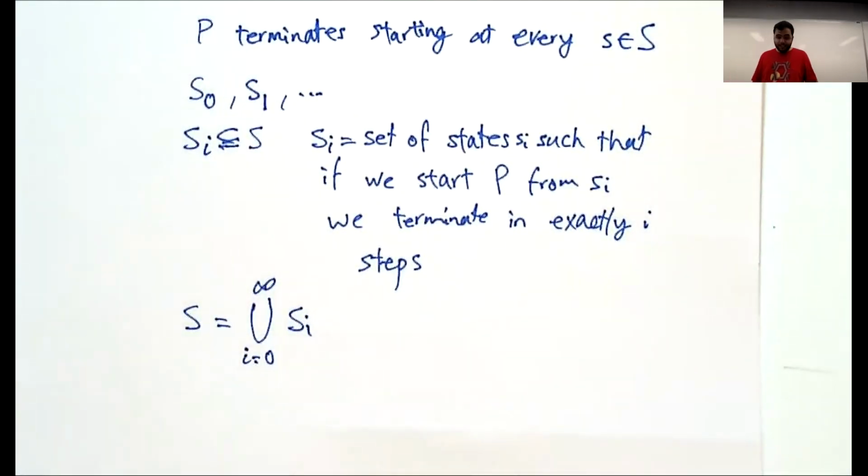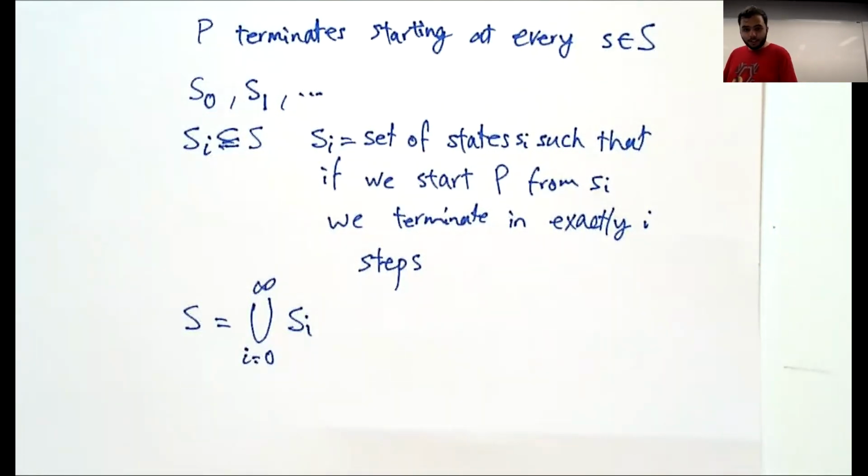Because at every state in S, I am sure that if I run my program starting from this state, I will terminate in finitely many steps. So if I terminate in n steps, then my current state is in Sn. Okay. So S is the union of all Si.